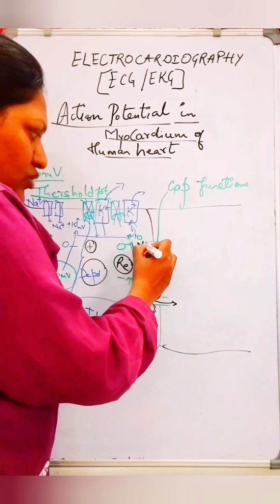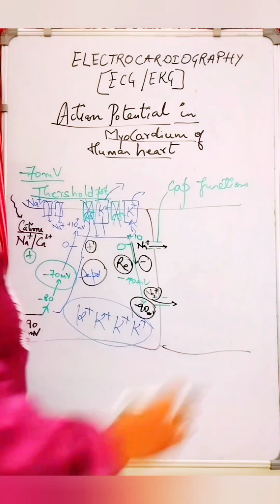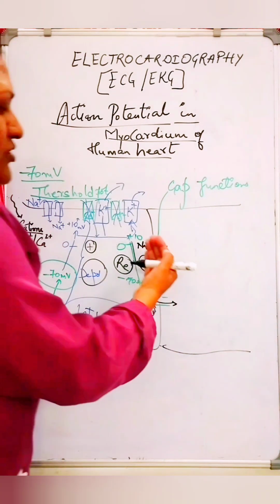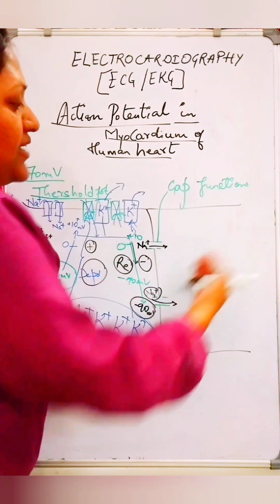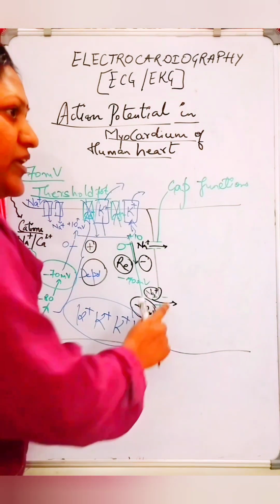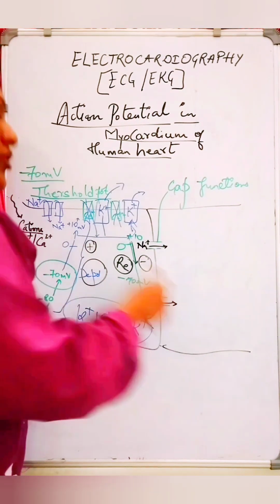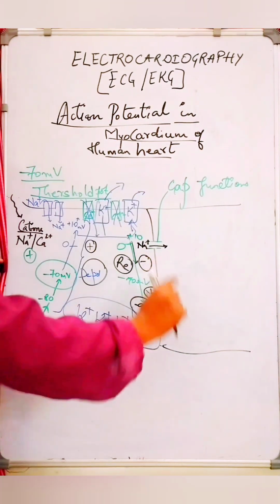When these sodium ions move towards the adjacent cell, the same process is going to happen, because the sodium ions are triggering this cell to start the action potential. So the same cycle is going to repeat.